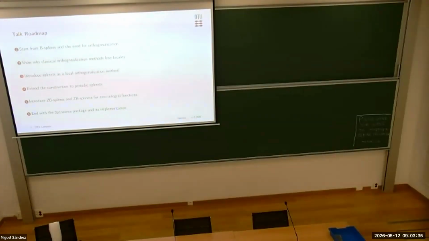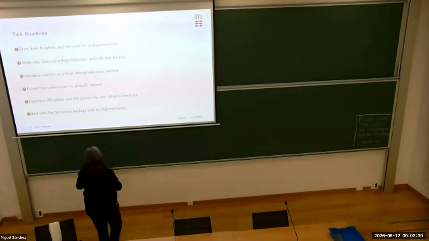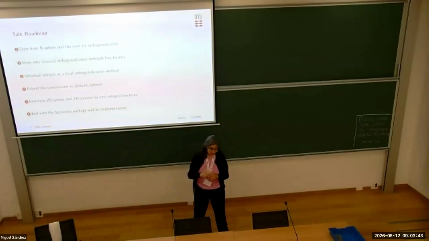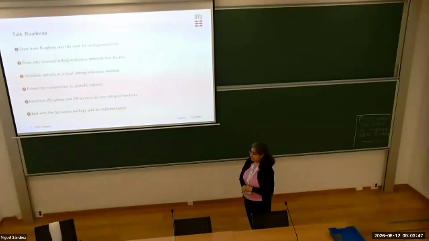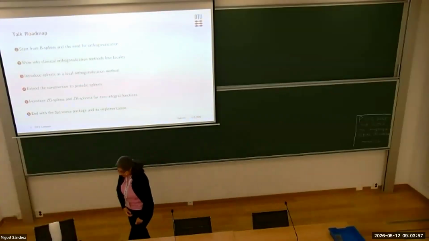And we started then to find, okay, how can we do a better orthogonalization? And then we extended it to so-called periodic splines, where the splines are on circles. And then we extended it again with Yetka and Ivana to a specific kind of Z-spline, they call it. And at the end, I will tell you about our package.